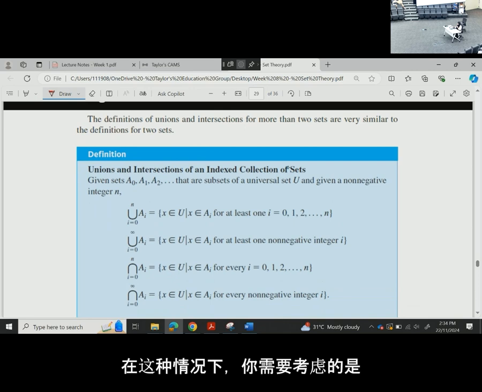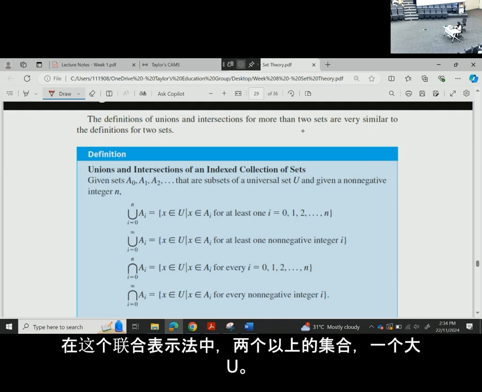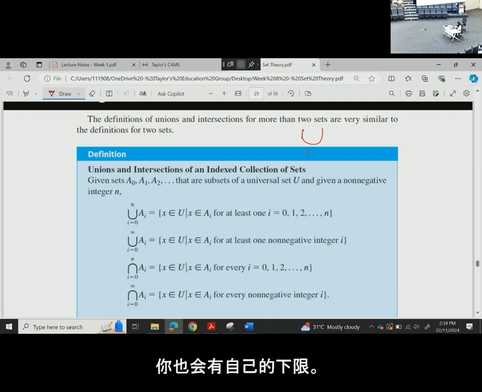In this situation, what you have to consider is that just like you have in your sequences, you have summation notation, your product notation. Similarly, you can represent the union and intersection of more than two sets in this union notation, a big U, and you will have your lower limit, you will have the upper limit.